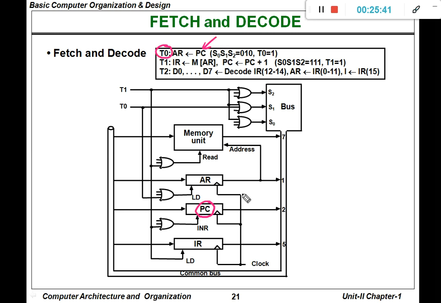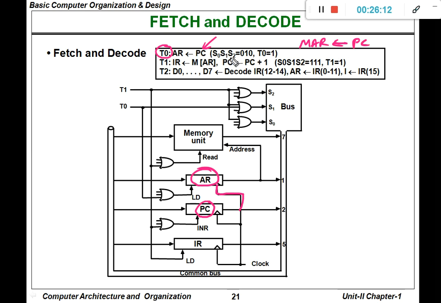However, we cannot fetch the memory location using the PC. Here you can see there is no direct connection from PC to memory unit. So what we need to do is move the program counter value to the address register, memory address register. That is the first operation we need to perform. So AR assignment PC, or MAR assignment PC.